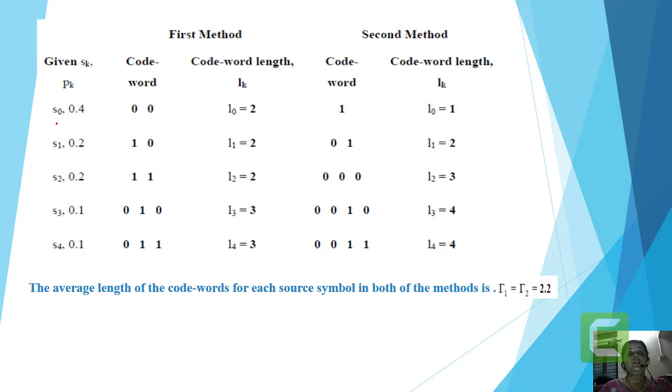But there is one notable thing: whether you use the first method of code word calculation or the second method, the average length of the code word for each method comes out to be 2.2. That means with any method of encoding we use, the average length of the code word will be the same.